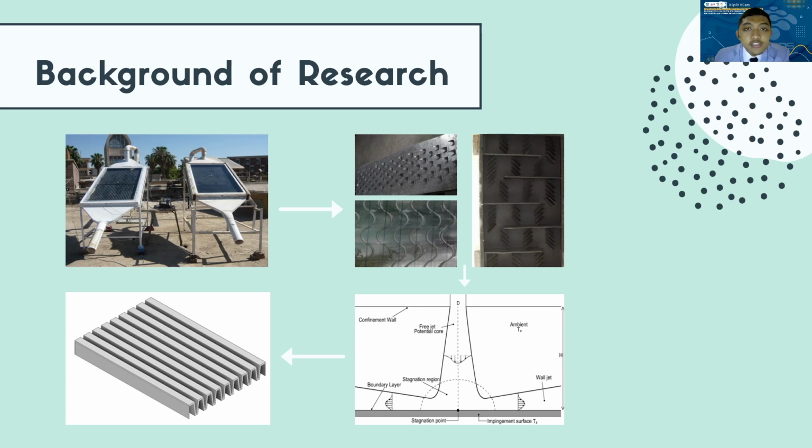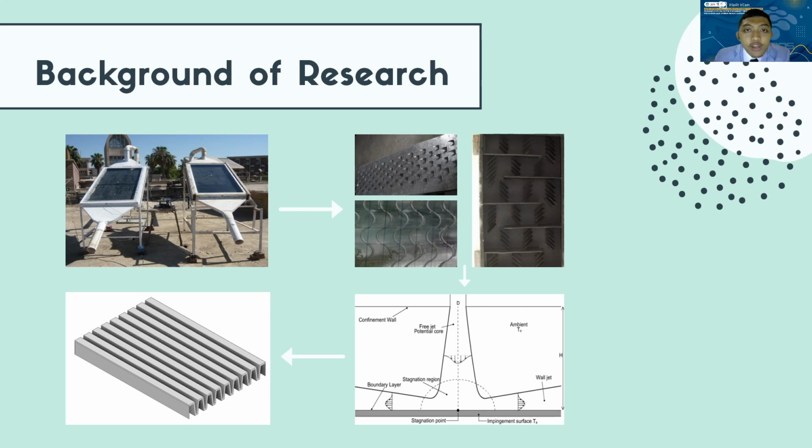The analysis in this final project is carried out numerically by modeling DTAP-SAH by computational fluid dynamics, and experimentally by making DTAP-SAH and testing the performance in the laboratory with measuring instruments.